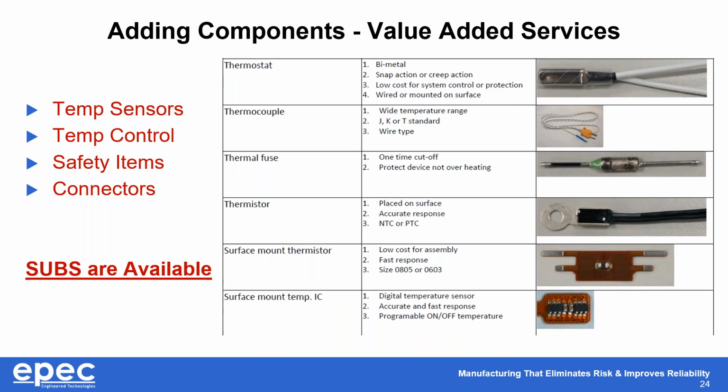If a customer is looking for safety or for something that actually actively turns the heater on and off for a given performance or temperature condition, a thermal fuse or even a thermostat are excellent choices depending on what you're trying to accomplish in terms of operating the heater.